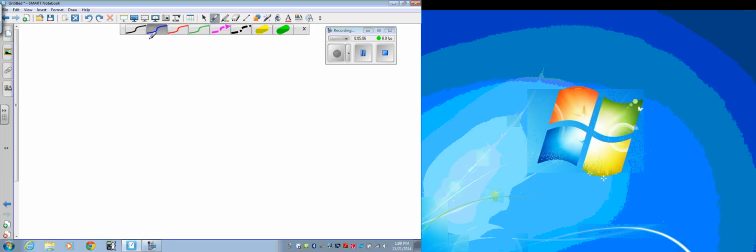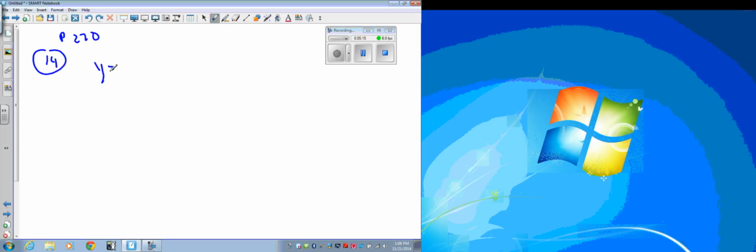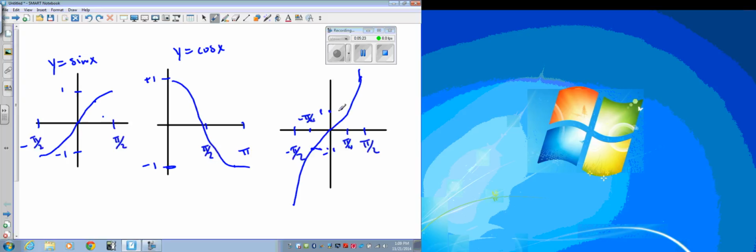So I'm going to do 14 on page 270. And here it says y equals tangent inverse of 1. Well, if you go back here, 1 is here, and pi over 4 is what I get.